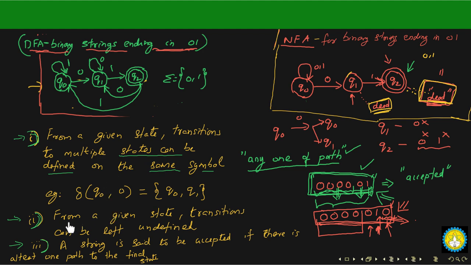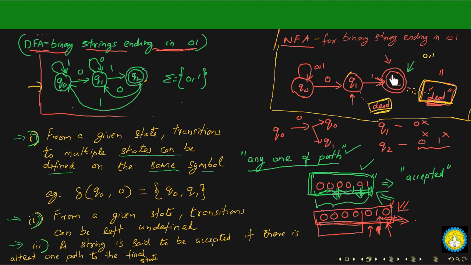The second important thing is that from a given state, the transitions can also be left undefined. For example, in this NFA itself, at Q1 we have not defined the transition for 0. The transition for 1 is defined, but the transition for 0 is left undefined.